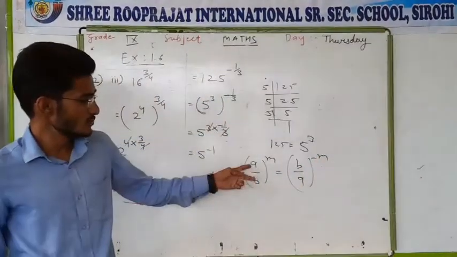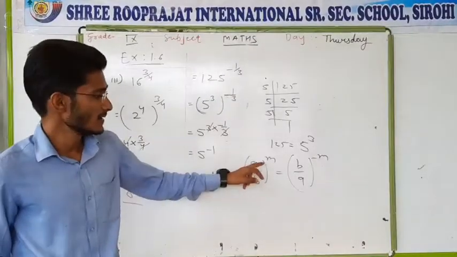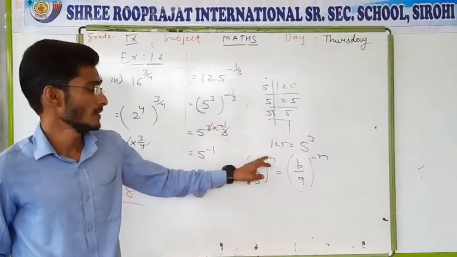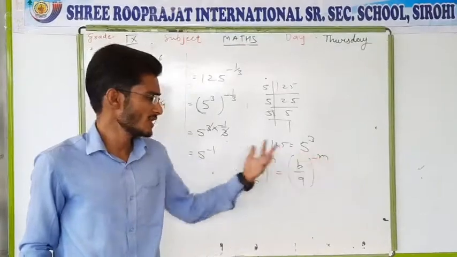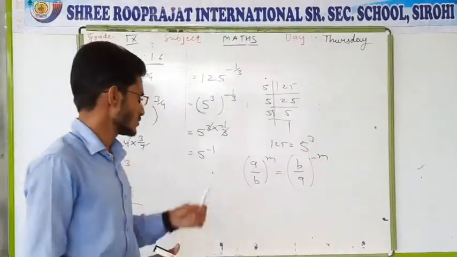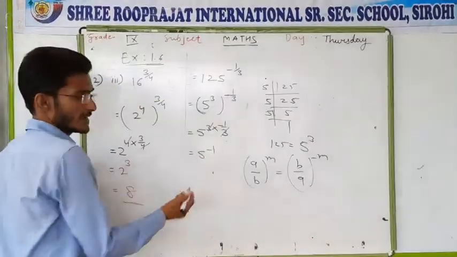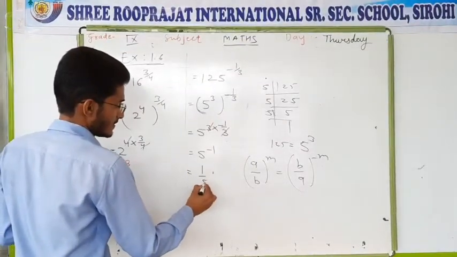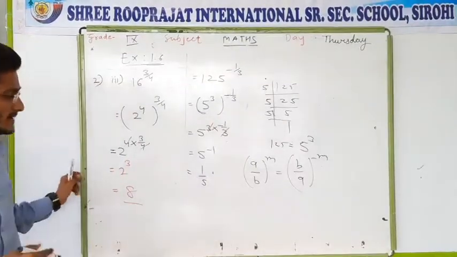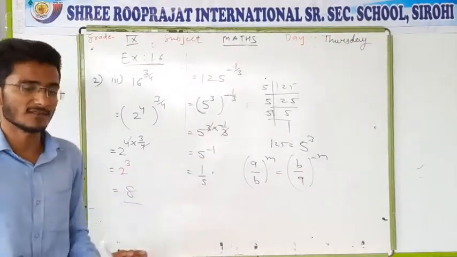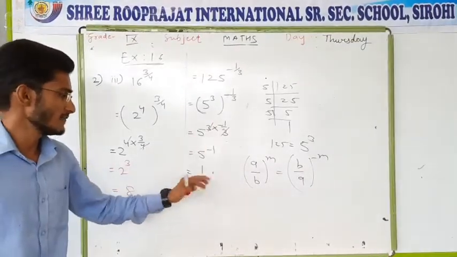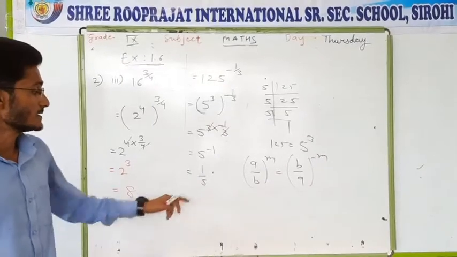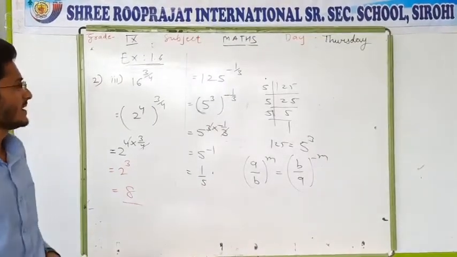That means if we swap numerator and denominator, the exponent changes from negative to positive, and you can use it in the reverse direction too. So to make it positive, you just swap numerator and denominator. No denominator is given, that means there is a 1. So 1 will be on the upper side and 5 on the downside. So the answer will be 1 upon 5, or 1 by 5.